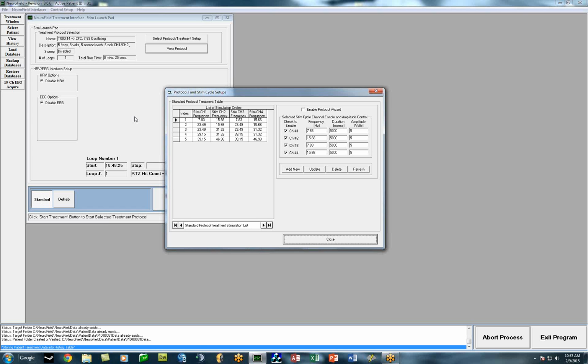It's going to ring out those harmonics whenever you give this protocol. So the idea behind it is to oscillate through frequency bands and get all the way up into the gamma range while creating a consistent binaural electromagnetic beat of 7.83 cycles per second, which is what occurs in each one of these stim cycles.